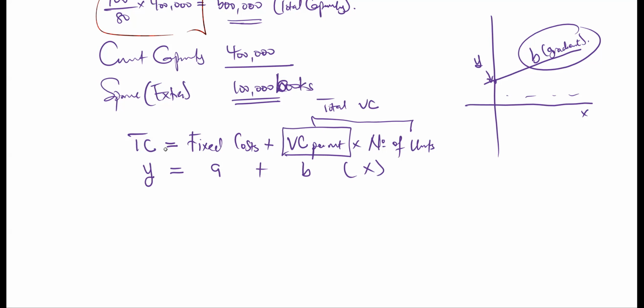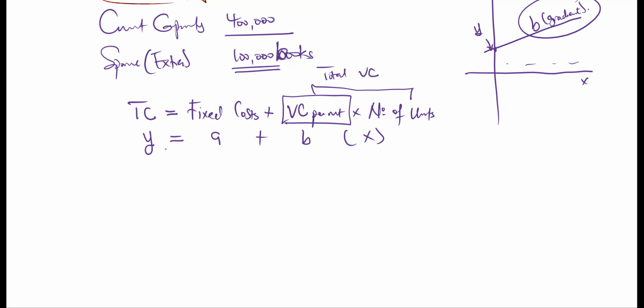Okay, now we are saying that for 400,000 units, the total cost was how much? 8 million. Total cost was 8 million.